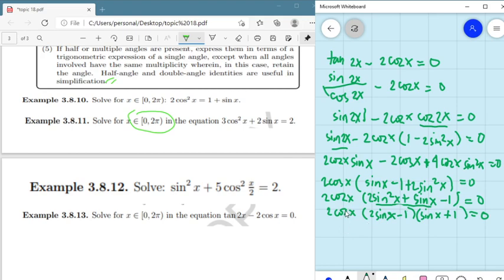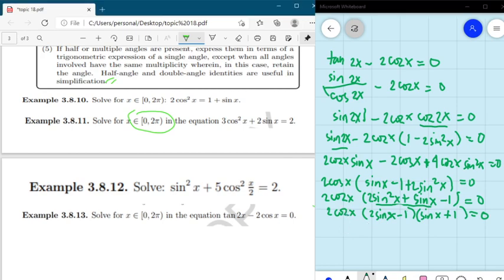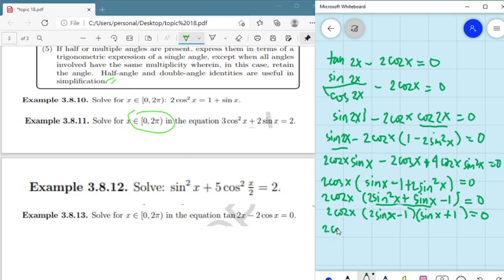So there are 3 factors that could be equal to 0. The first one is 2 cosine x equals 0, or 2 sine x minus 1 equals 0, or sine x plus 1 equals 0.